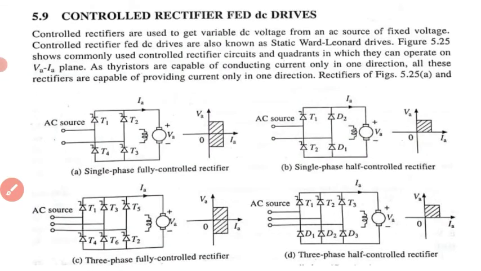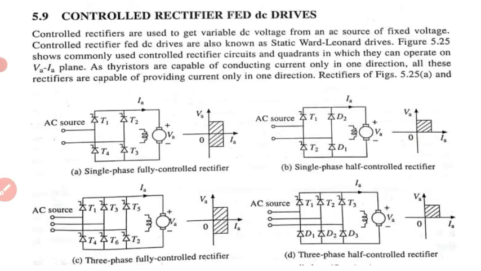Controlled rectifier. Already we have come across the rectifier circuits, uncontrolled rectifier circuits. What is the meaning of uncontrolled rectifier? Uncontrolled means if you are using the diode, the output voltage will be constant. There will be no control.